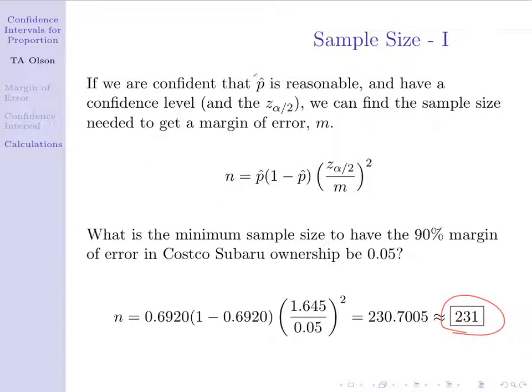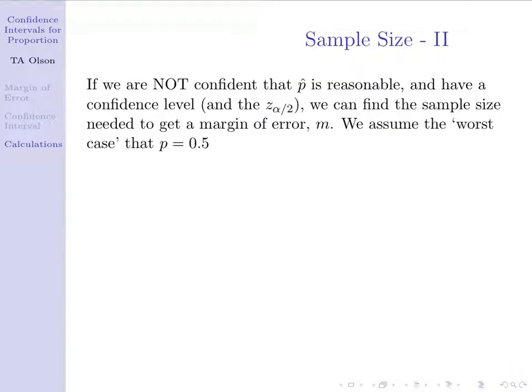But this was assuming that we had information about p hat to begin with. If we can't do that, what do we do? All right, so if we are not confident that p hat is reasonable, or we haven't taken any data at all, right? We take our confidence level and we assume kind of a worst case scenario for p, right? We assume that it's exactly 50-50, and this is always going to be our worst case scenario.